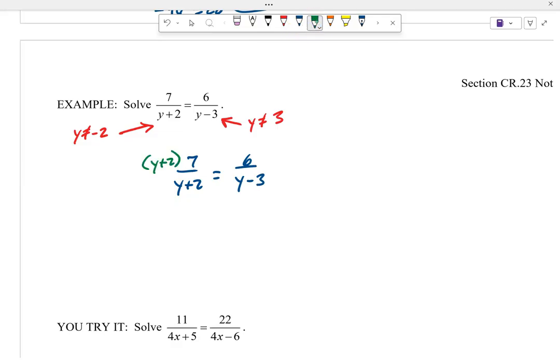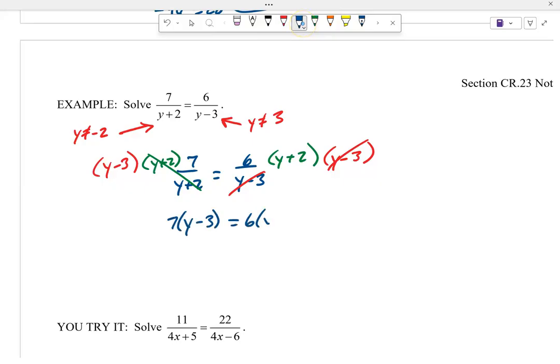Let's multiply this side by y plus 2, which means I've got to multiply the other side by y plus 2. And then let's get rid of the y minus 3, multiply that side by y minus 3, which means I've got to multiply that left-hand side also by y minus 3. So we've got 7 times y minus 3 equals 6 times y plus 2, and we'll go ahead and finish this up.